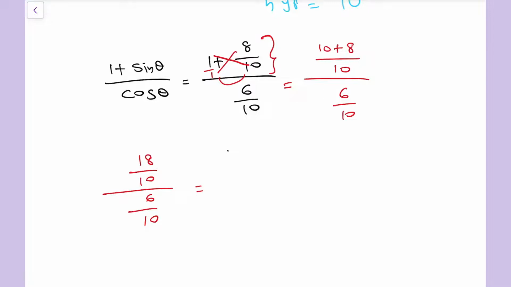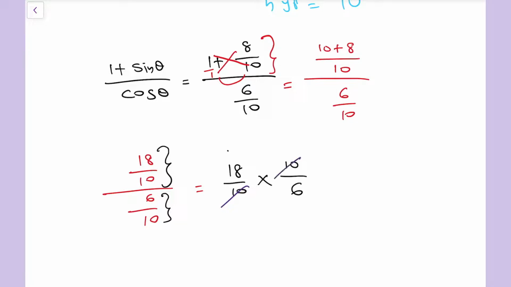Write this numerator part as it is, 18 by 10. Change the division into multiplication, and for the total denominator, write the reciprocal. The reciprocal of 6 by 10 is 10 by 6.